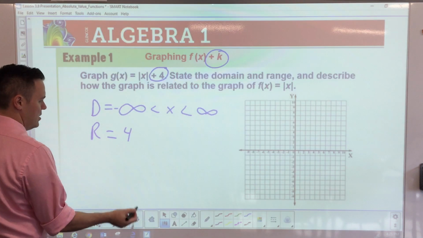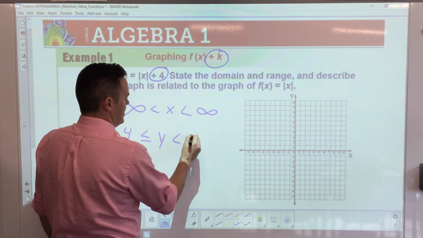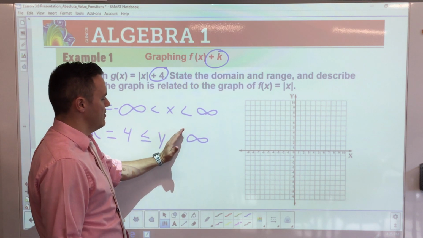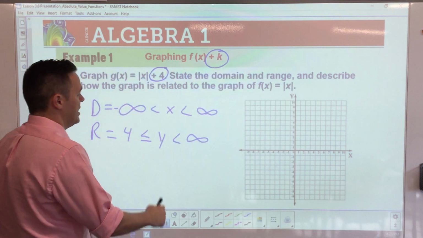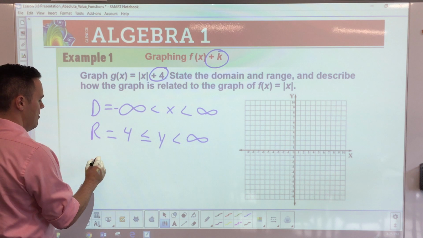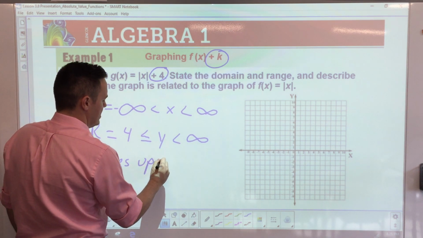So y is greater than or equal to 4, going to infinity. Every number from 4 on up, stopping only at infinity. And then, describe how the graph is related: it moves up 4 units.